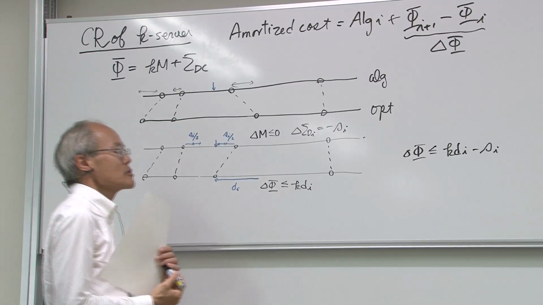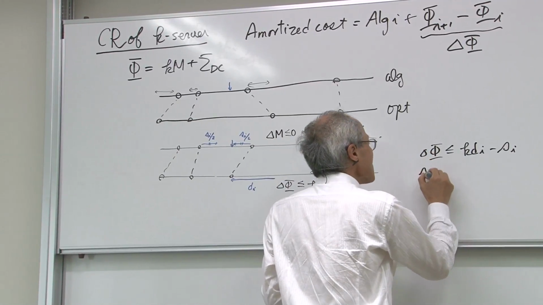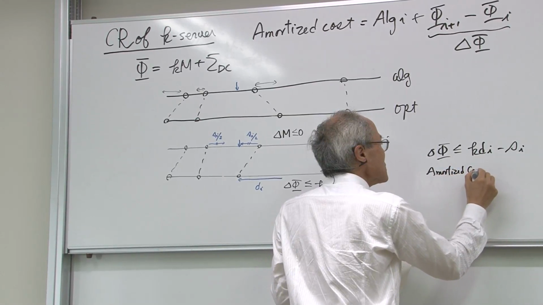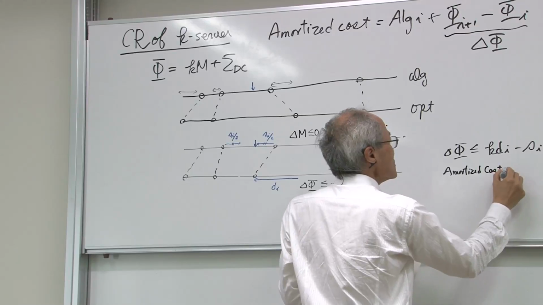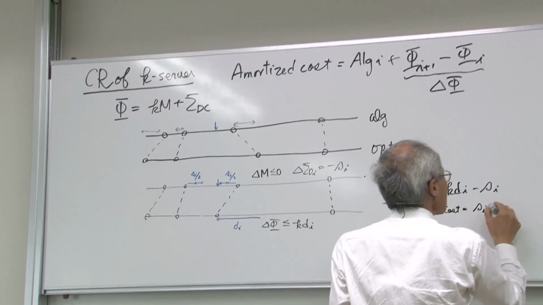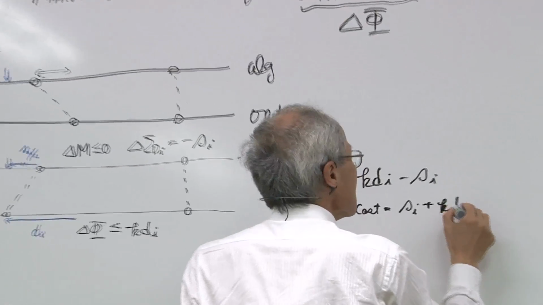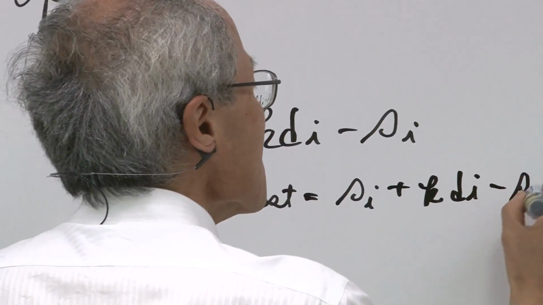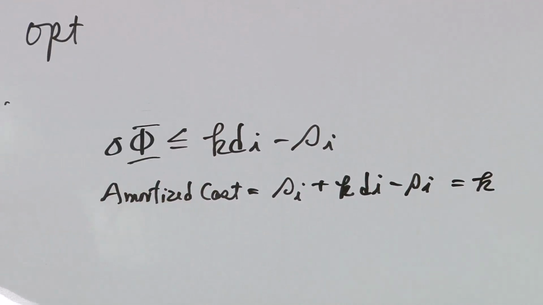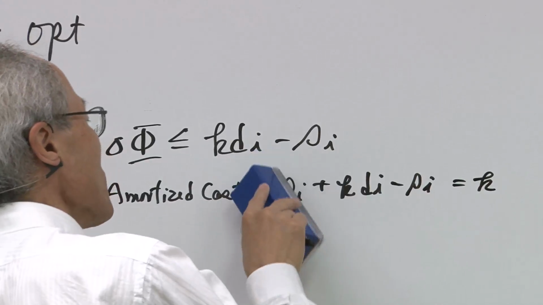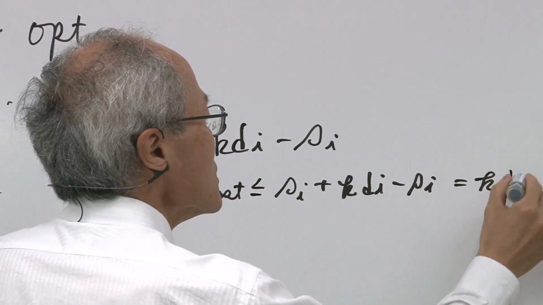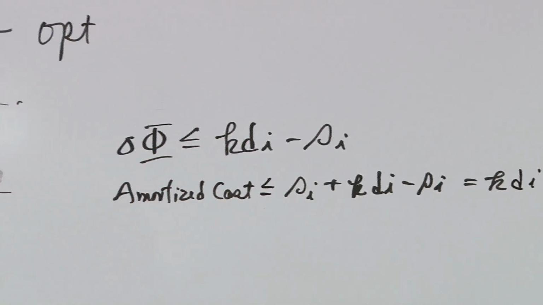So the amortized cost is the cost of ARG at step i, d_i, plus k d_i minus d_i, which is at most k d_i.